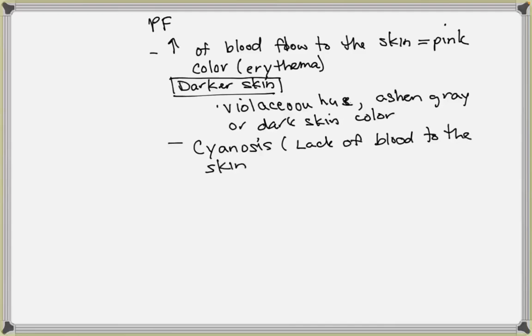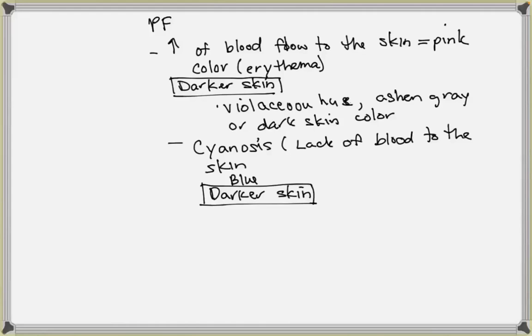And so in someone with lighter skin, you're going to see blue tints. And so when you look at darker skin, you may not be able to see this coloration necessarily in your hands or around the face.